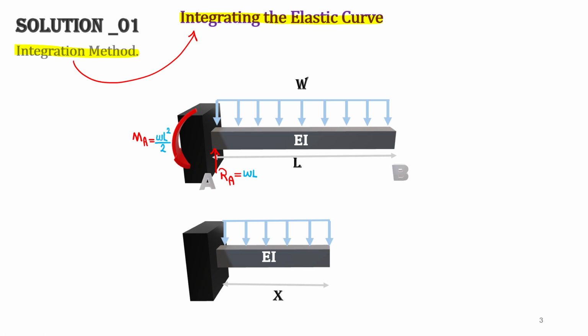If we cut our beam at a length of x and develop the moment equation there, we convert the distributed load to a concentrated load of Wx, applied at the center, or x over 2.